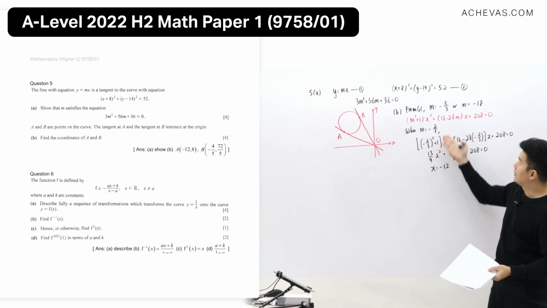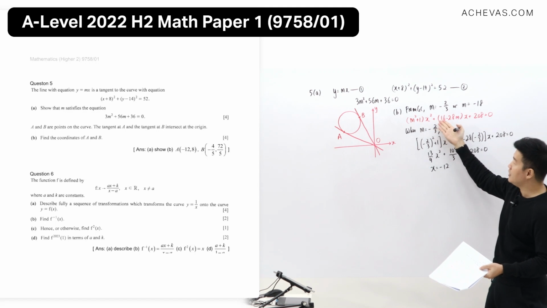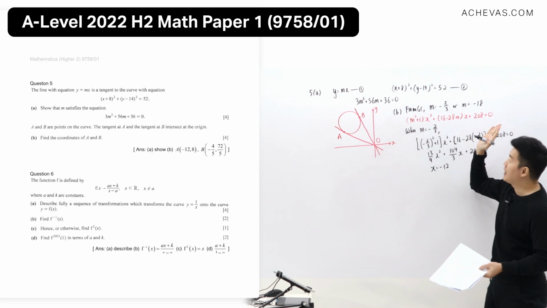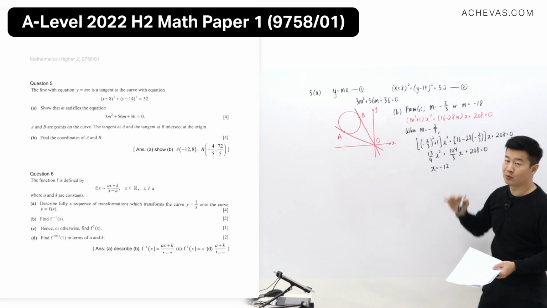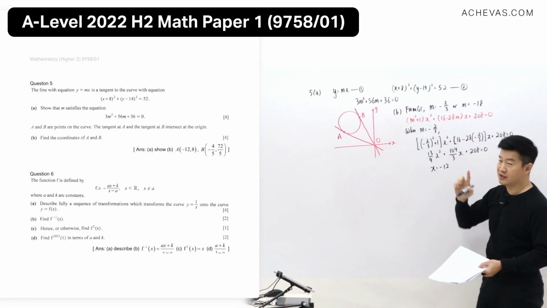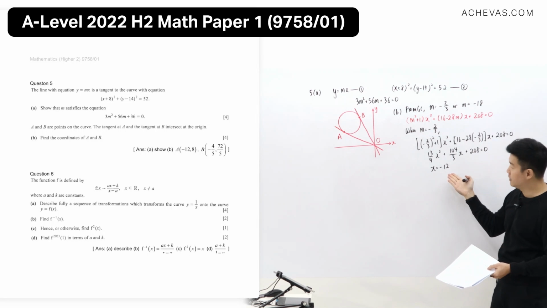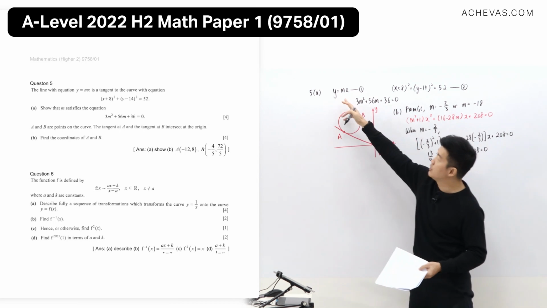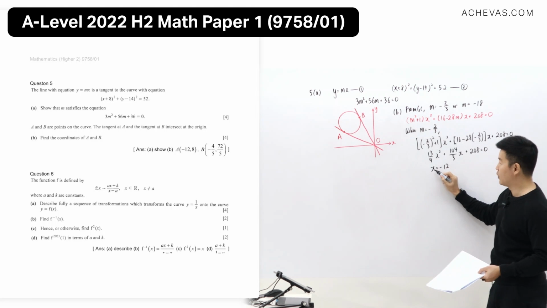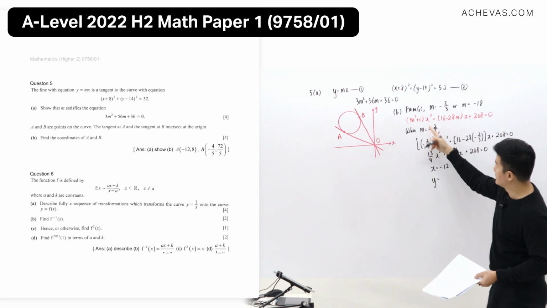Because we are expecting this equation, with this being the m that is substituted back into this equation, to be giving us just one solution for x, which is what we are seeing right here. Substituting this back into this equation here, when x is equal to this, y will be equal to mx, and m is this.